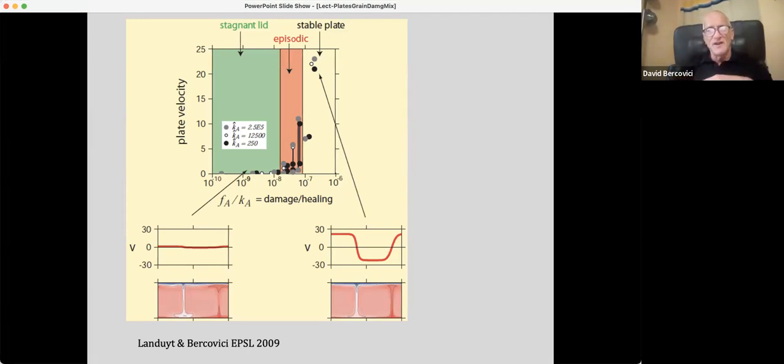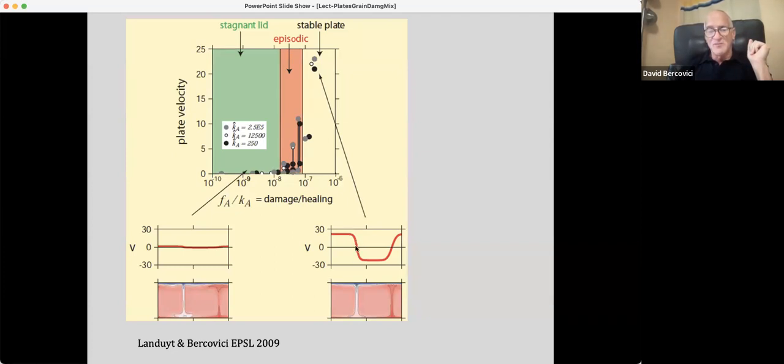It's kind of intuitive that if the damage to healing ratio is small, okay, you will basically heal away all the weak zones and you will not generate them very easily. And so the lithosphere will remain strong, and the velocity at the top will basically be zero. But if the damage to healing ratio is high, then you can wind up getting narrow bands of deformation.